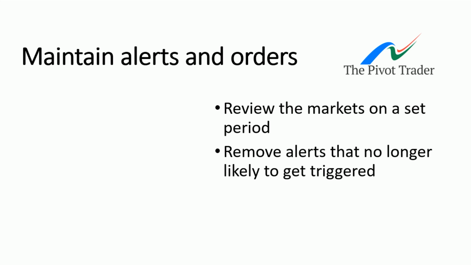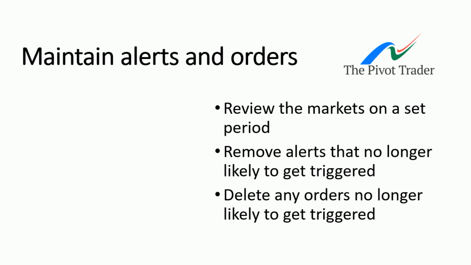Remove alerts that no longer are likely to get triggered, and the same, really, delete any orders that no longer are likely to get triggered. So if you were waiting for a retrace to a pivot, for example, and it didn't set up, it just went without you, okay, just remove all the alerts. You don't want to get hundreds of alerts of things that are no longer useful.